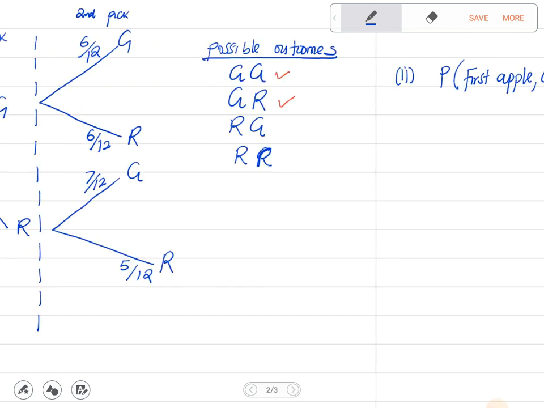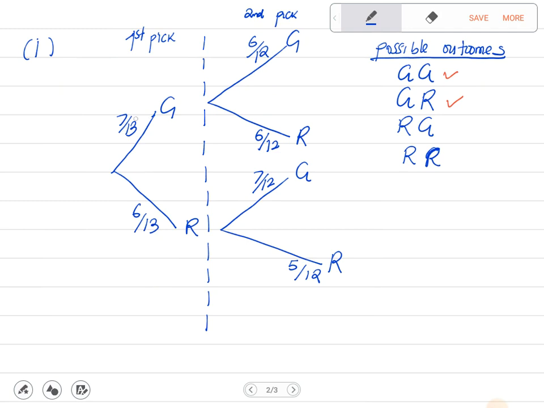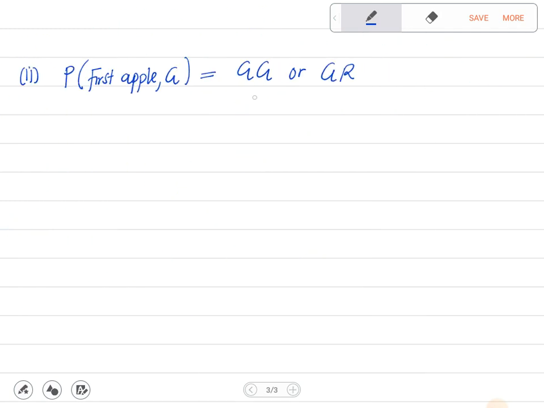So GG is 7 over 13 and 6 over 12. Like that. That is GG. Or you add. When you hear the word or, you add. When you hear the word and, you multiply. That's how come here we are multiplying them.